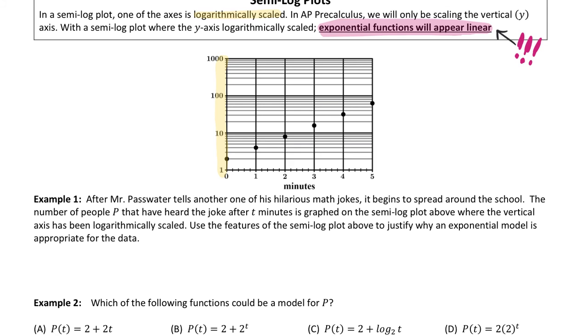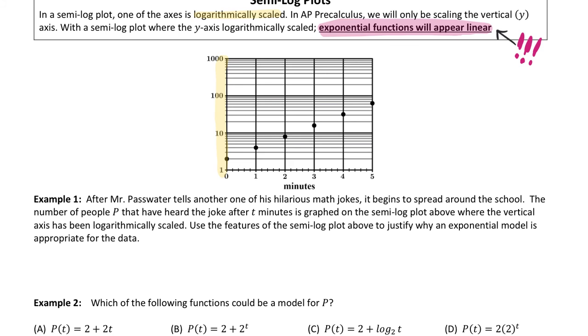Thank you for asking. So the question here is use the features of the semi-log plot above of the data modeling Mr. Passwater's joke's popularity to justify why an exponential model is appropriate for the data. So similar to the lesson when we talked about whether a residual graph showed it being appropriate for the data, we can make a similar argument here.